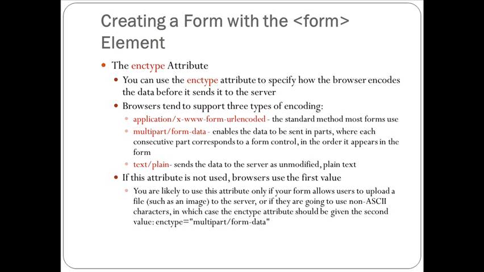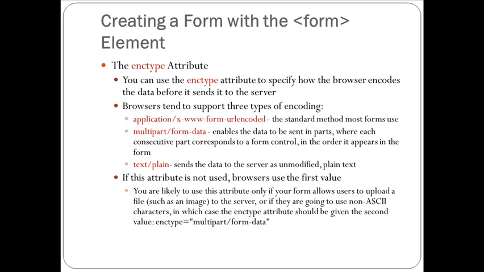Each part can have an optional content type header of its own indicating the type of data for that form control. And then the last one is plain text, which sends the data to the server as unmodified plain text. If this attribute is not used, browsers use the first value, the application/x-www-form-urlencoded.